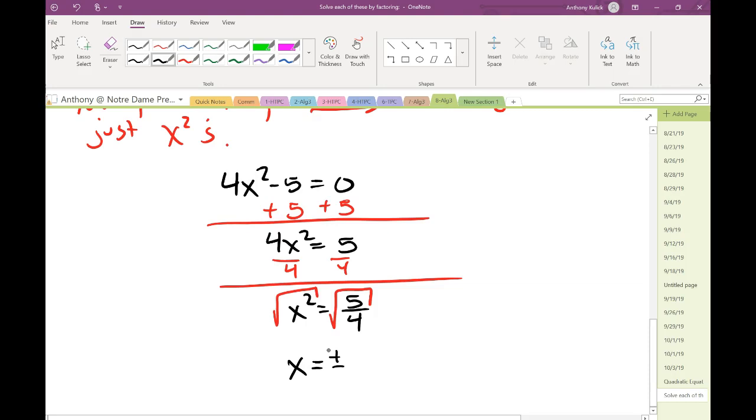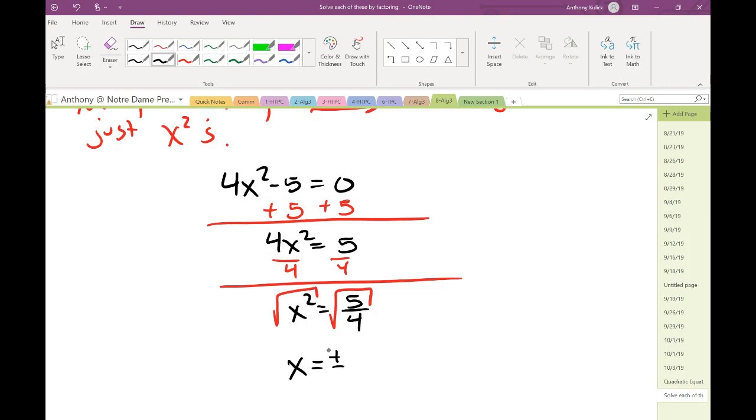So that's a place where I would say probably more than half of students forget this on a consistent basis. So I'm going to stop and say this again. Whenever you square root both sides of an equation, you generate a plus or minus. So please, please, please don't forget that.